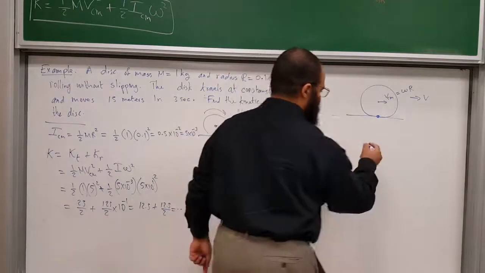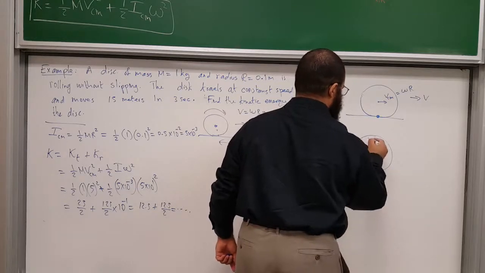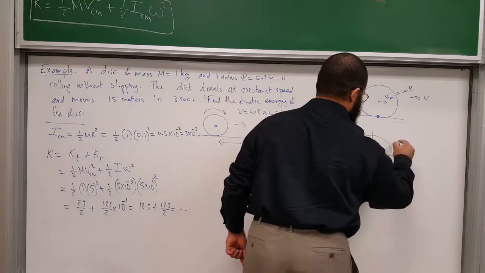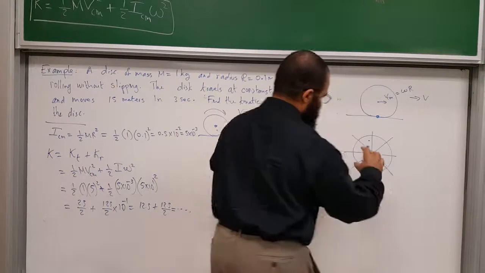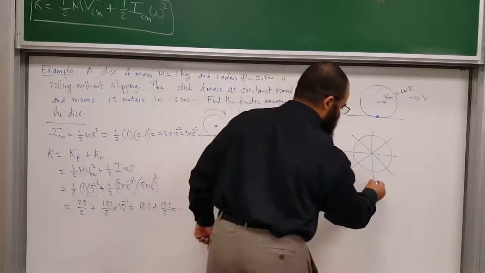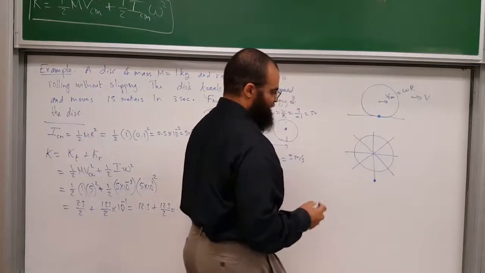So to see that, take a wheel with spikes like this. And imagine it's rolling over those spikes. So it just rolls over the spikes. So the instant this is here, it has zero velocity, right?